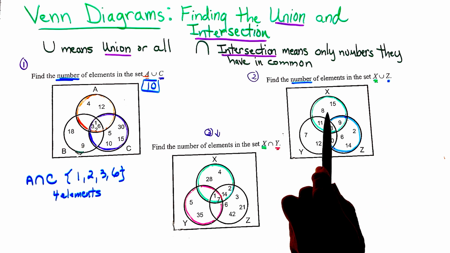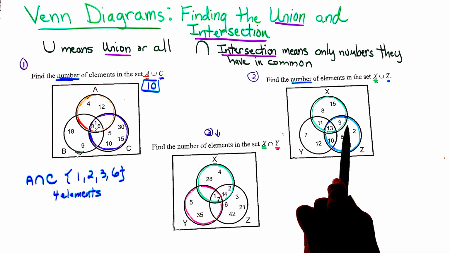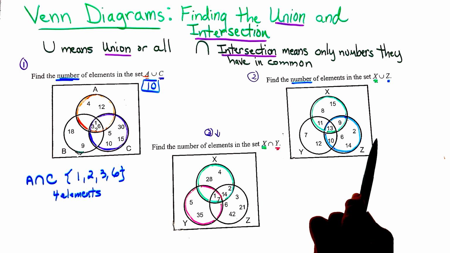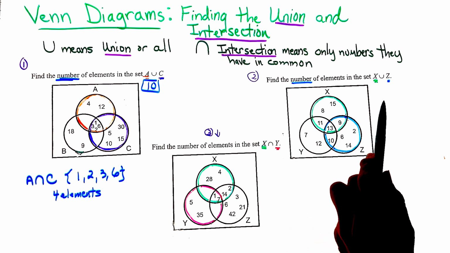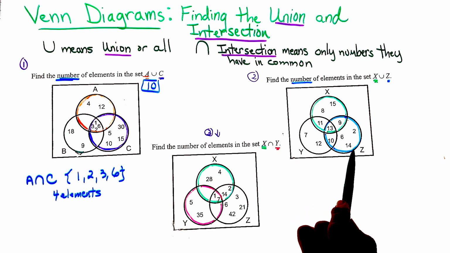So 15, 8, 11, 13, and 9 are part of X. 13 and 9 are part of Z also, but we're not going to count them twice when we're asking for how many elements are given between the union. And so you have to also add a 2, a 6, a 10, and a 14.